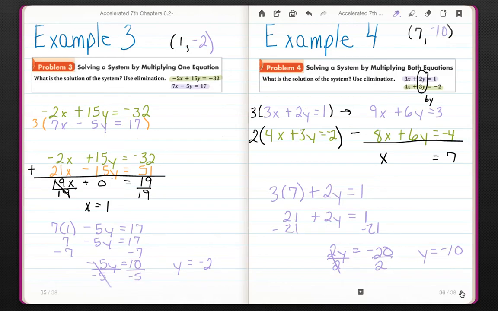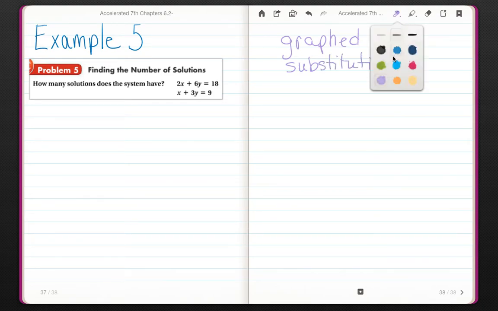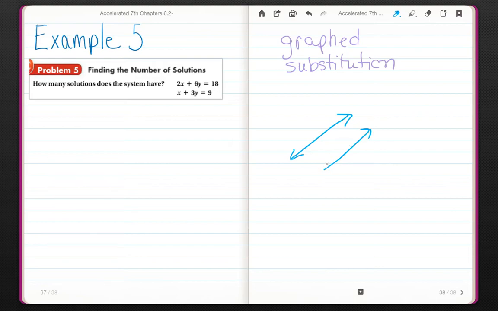All right, let's take one quick look at example number 5. So finding the number of solutions. As we saw when we graphed and when we used substitution, sometimes two lines are parallel. If those lines are parallel, there is no solution.